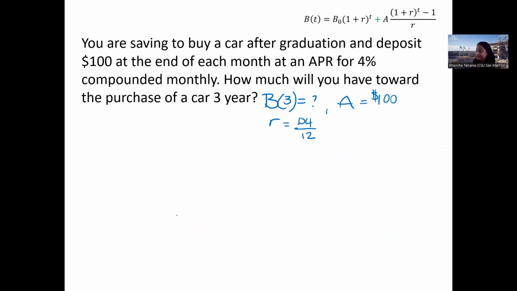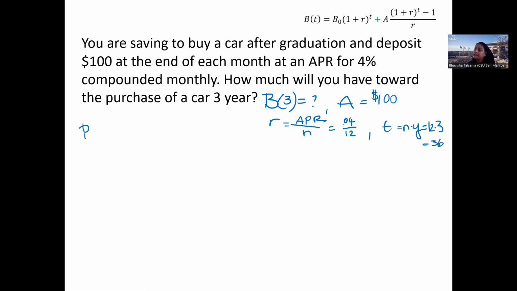Actually, I should rewrite that because I want to make sure I give you the right tools. Whenever you write R, you always want to write what it equals. So APR divided by N, and that is 0.04 over 12. And finally, our T is going to be N times Y, which is 12 months times 3. So this one's going to be 36.